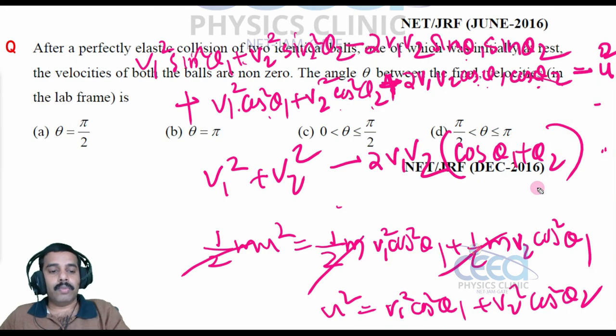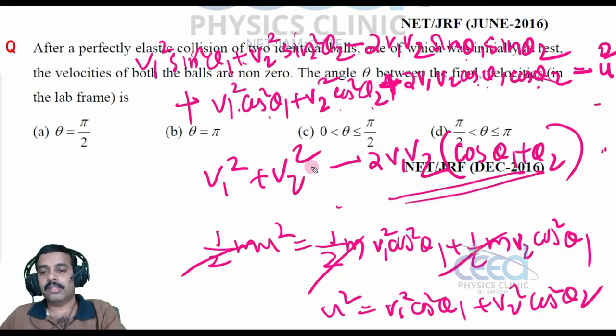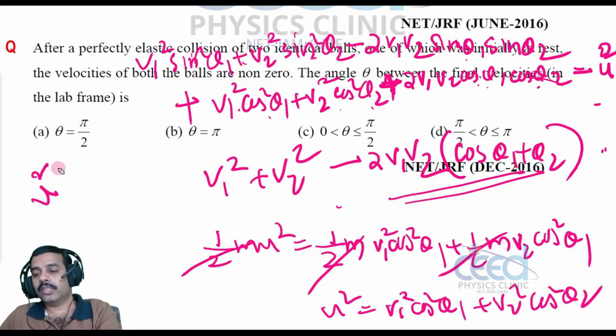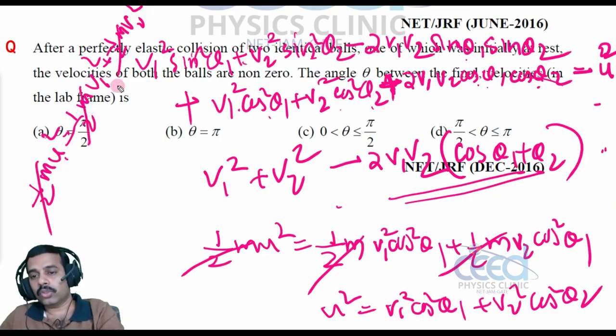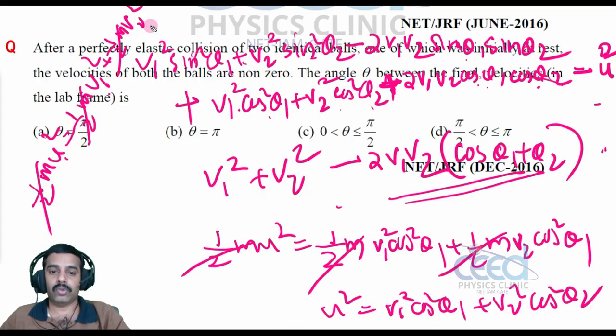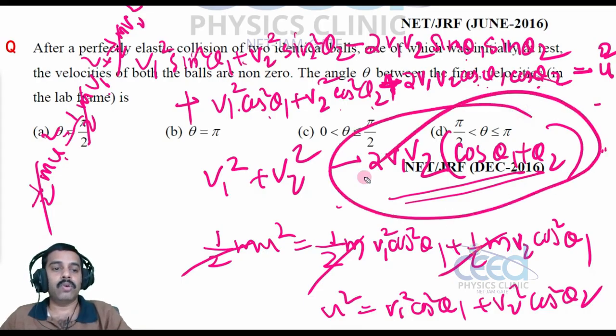But this part is 0, because by kinetic energy conservation, half m u square equals half m v1 square plus half m v2 square. Half m cancels, so u square equals v1 square plus v2 square, so this term should be 0. That means theta 1 plus theta 2 should be equal to pi by 2.